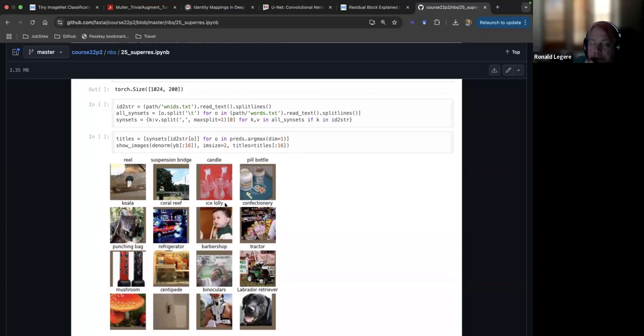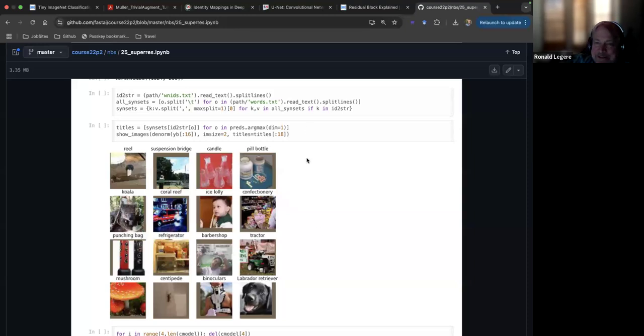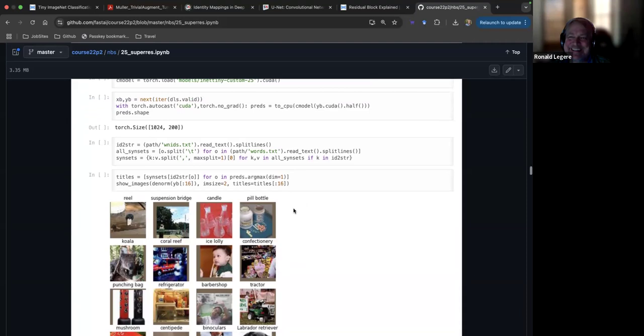Some things are not wrong. Punching bag, refrigerator, koala, mush. Like most, I would say, like 80% of these seem right? Remember, it was 65%. Yeah. All right, Aaron's shaking his head.